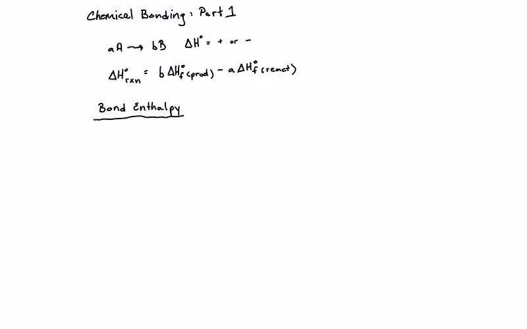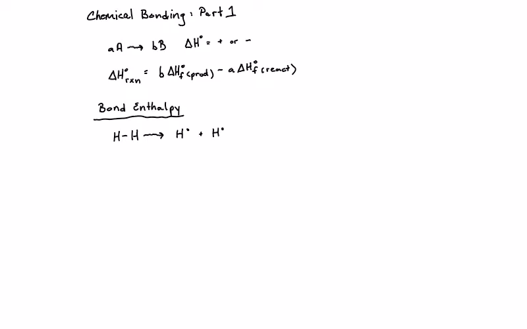Okay, and the bond enthalpy, I should say bond dissociation enthalpy, is the amount of heat that has to be put into a system or into a bond in order to break it. So for example, we can look at a hydrogen-hydrogen bond. If we want to know how much energy needs to be put into that bond to break it, what we need to do is basically define this as a reaction where we show the hydrogen-hydrogen bond being broken into two hydrogen radicals, two hydrogen atoms.